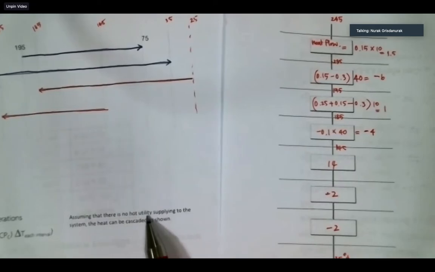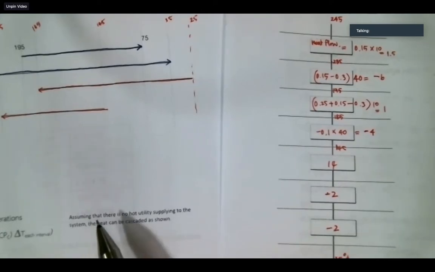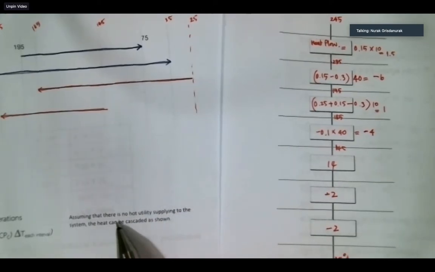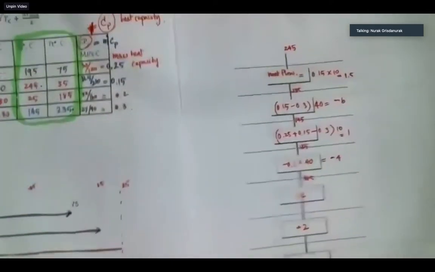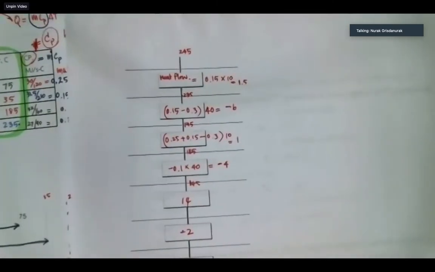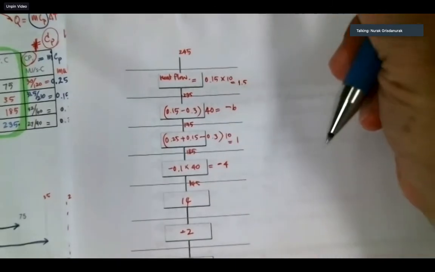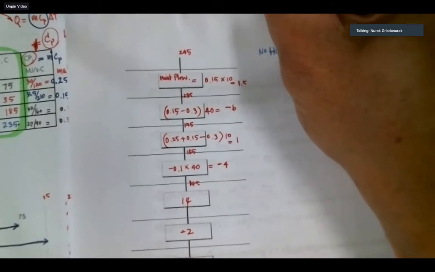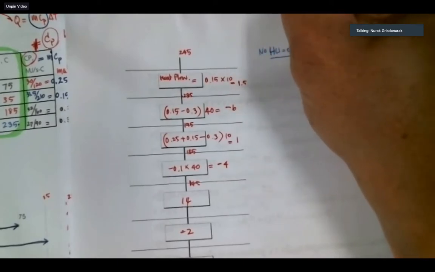หน้าที่ต่อไปคืออะไร ก็คือกลับมาดูที่นี่นะ assuming that there is no hot utility supplying to the system. The heat can be tested as shown. หมายความว่าไง In this case, no hot utility supplied to the system, hot utility equal to 0 นะ.